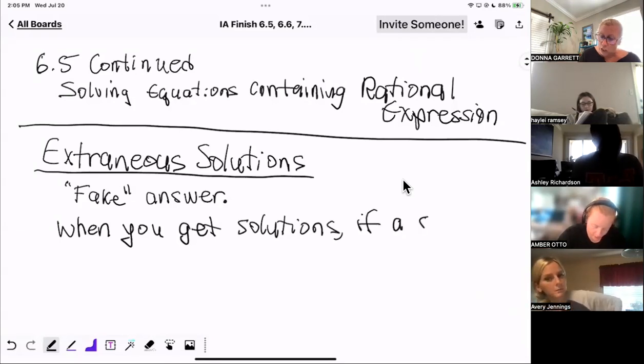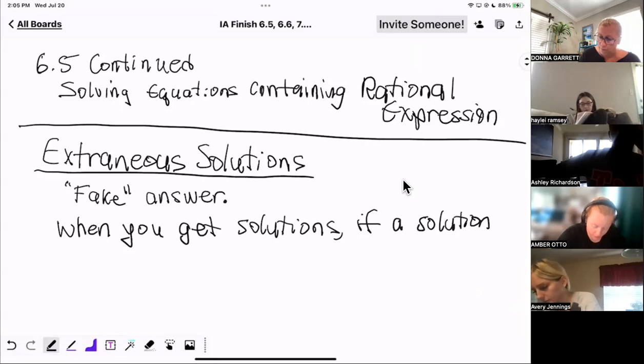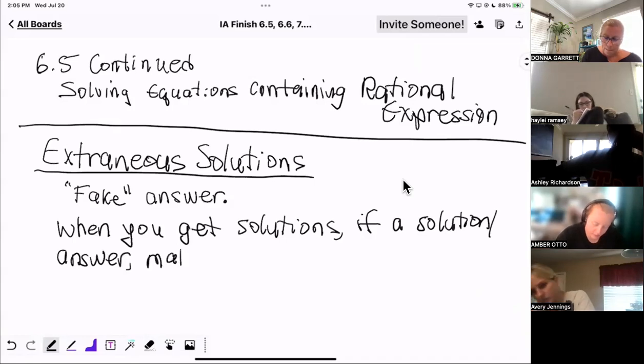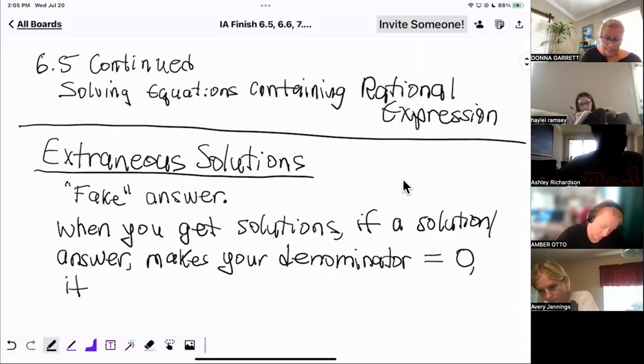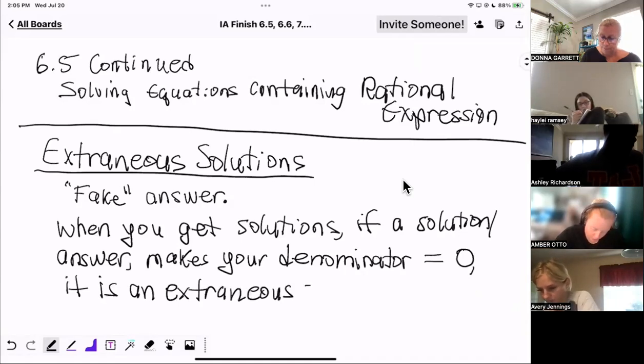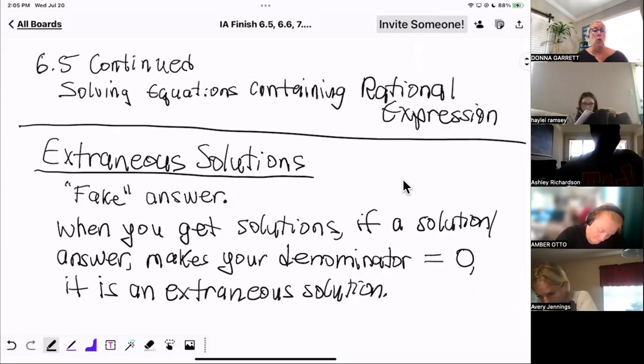if a solution or answer makes your denominator equal to 0, it is an extraneous solution. So you get your answers.